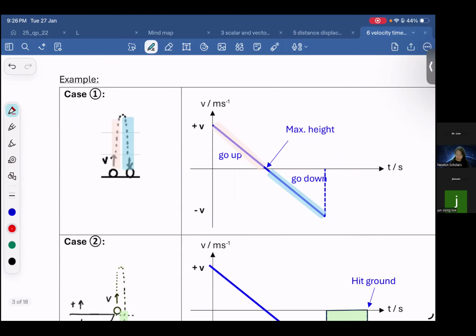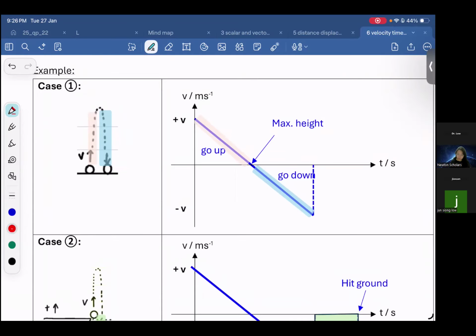Okay, let's go, dear. Look at here. When we throw something upward, as I told you, velocity should decrease because it is against gravity. When the object drops, velocity should increase because gravity is pulling, and it will accelerate at 9.81 meter per second squared, okay?